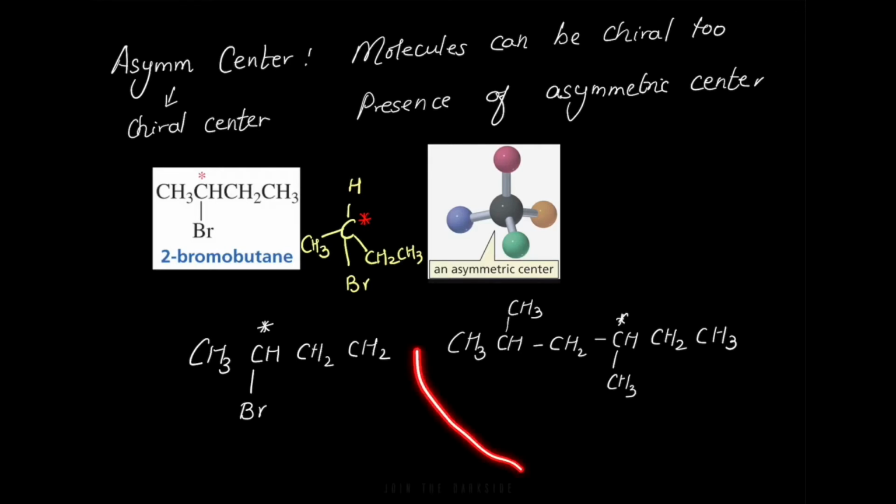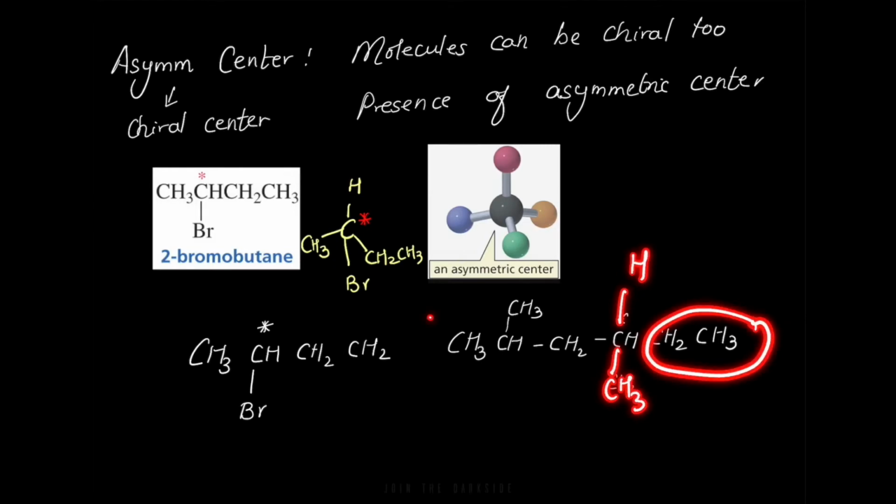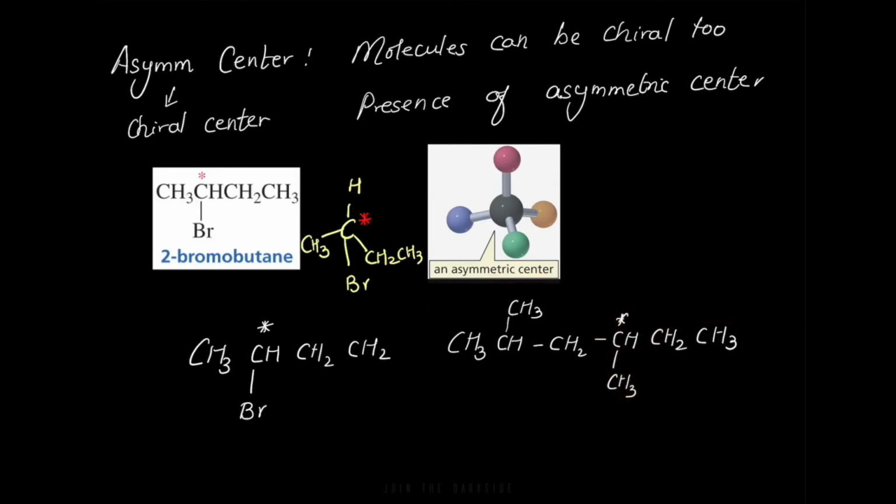Here is another example of a chiral molecule. If you look at this carbon, it is again connected to 4 different groups: H on one side, a methyl group on the other side, an ethyl group, and a secondary butyl group. So these are examples of chiral molecules or asymmetric centers.